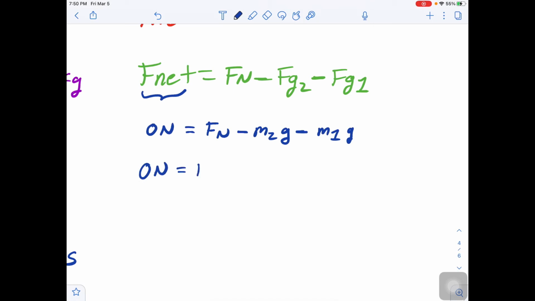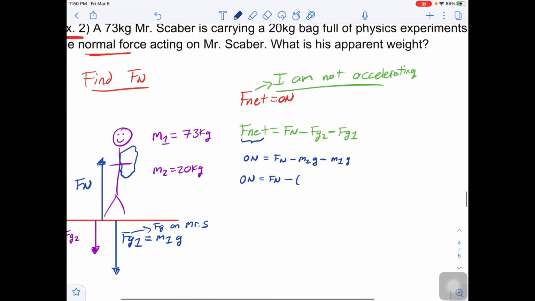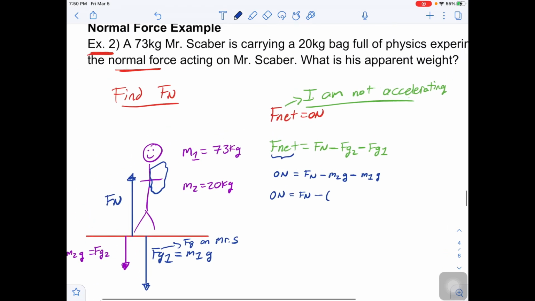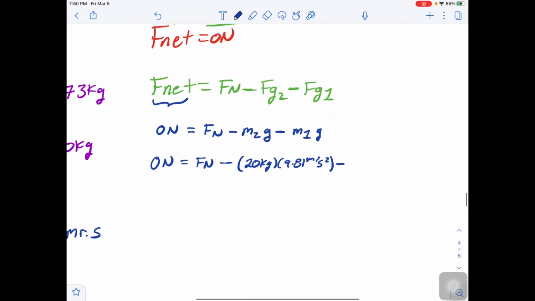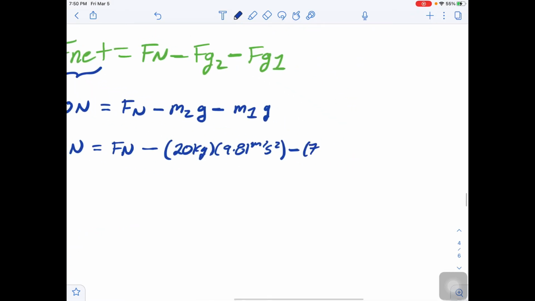So 0 newtons will equal the normal force minus mass of 2, which was my backpack, and my backpack was 20 kilograms, times 9.81 meters per second squared, minus the mass of 1, which was 73 kilograms, times 9.81 since we're on Earth.